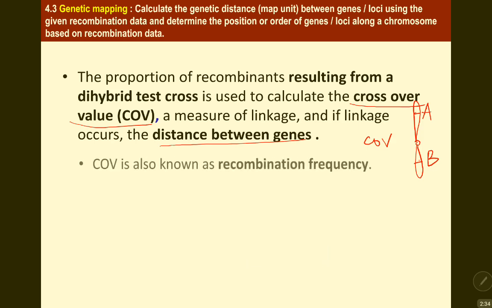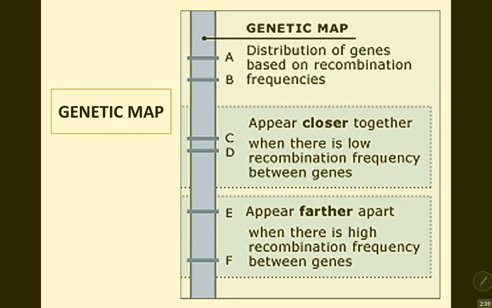It is also known as recombination frequency. This is the one I showed you just now. C and D appear very close together, therefore the chance of recombination is low, while E and F are very far apart, so there is a higher chance of recombinants.